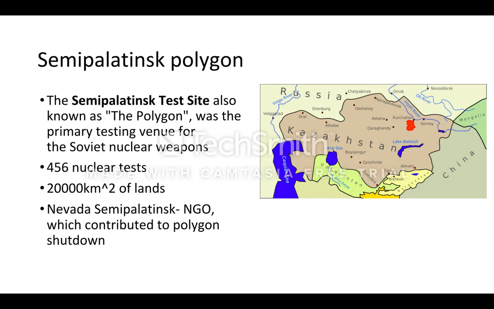It was one of the horrific events in Kazakh history, and it made the people overcome this problem. Therefore, such horrific events as the Semipalatinsk polygon gave rise to the Nevada-Semipalatinsk non-governmental organization, which contributed to the polygon shutdown in 1991.